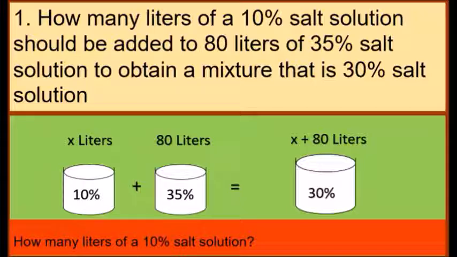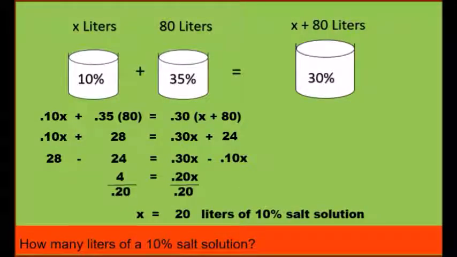So, ito ang magiging equation natin. 0.10, alam niyo yung 0.10, that is 10%. 0.10 of x plus 0.35, kasi 35% of 80 is equal to 0.30 times x plus 80.